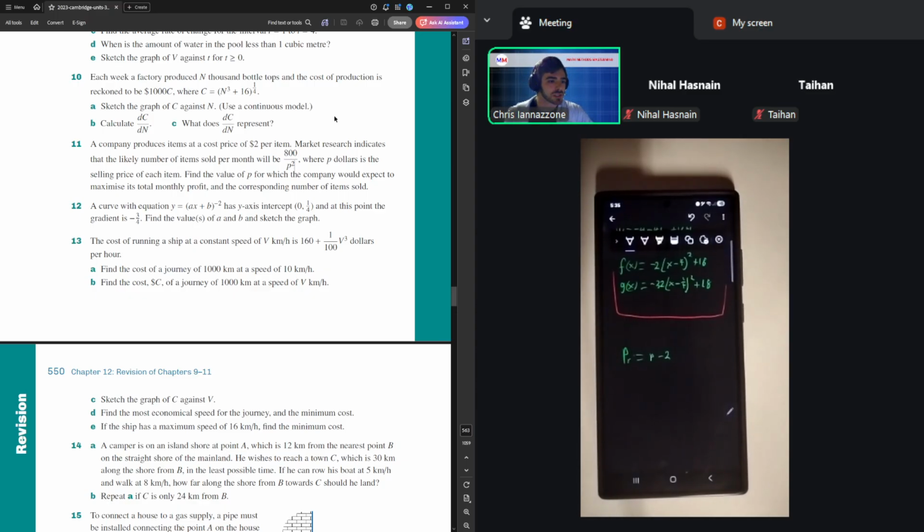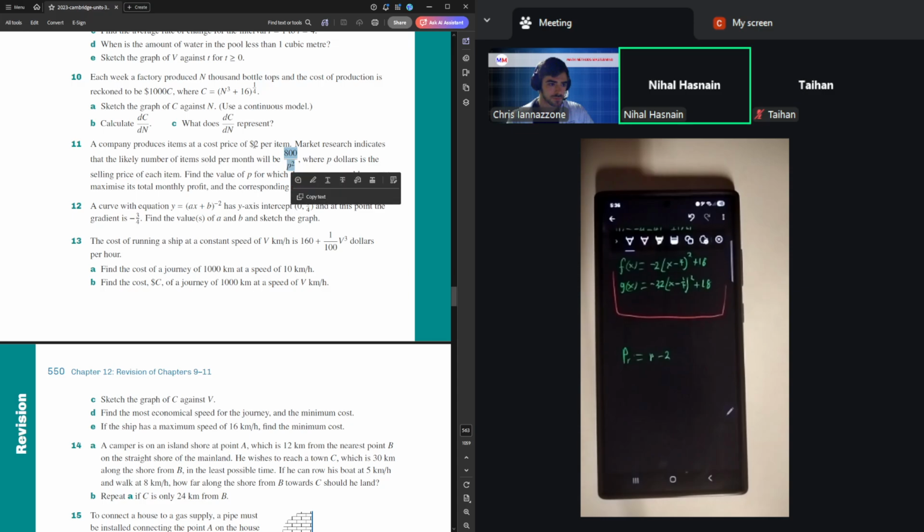How can we potentially integrate that into our equations? The 800 over P squared, that's the number of items sold, right? Yep. So I guess we can do 2 times that, so 800 over P squared times 2.